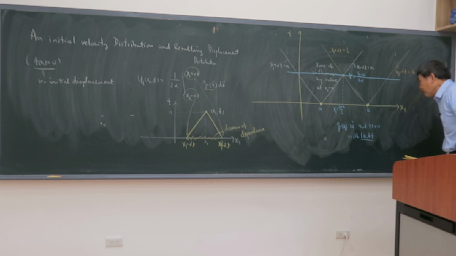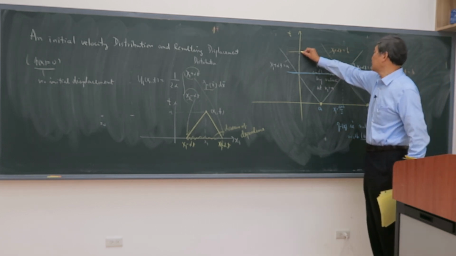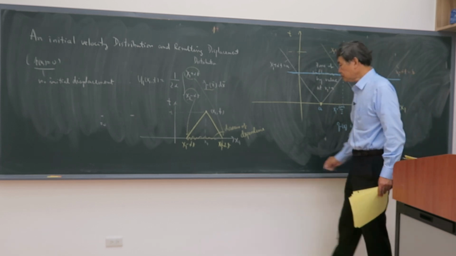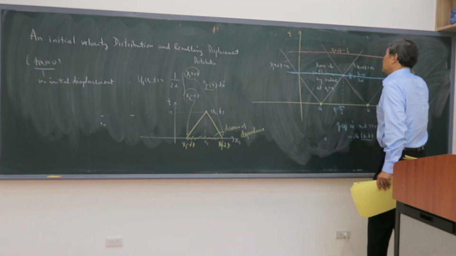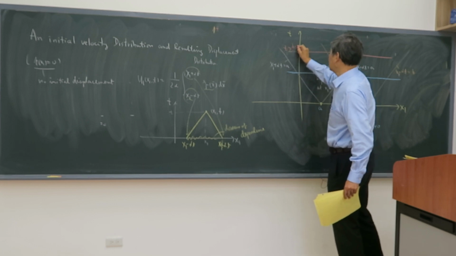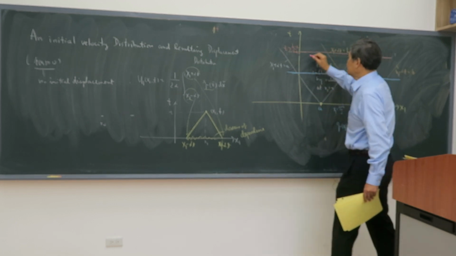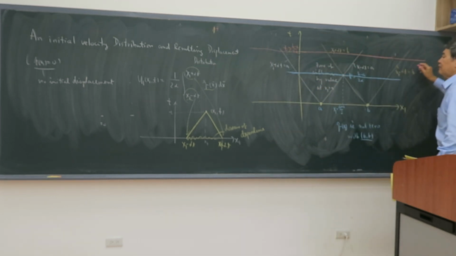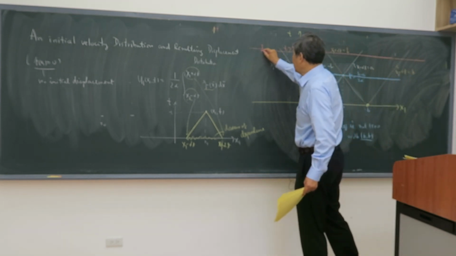So for t larger than b minus a divided by 2 alpha, I can divide the region into 5 intervals.